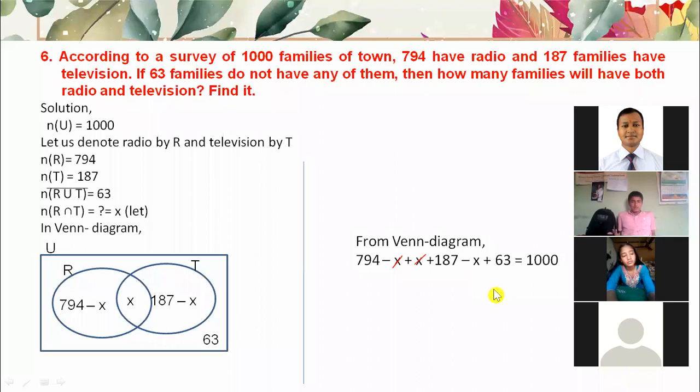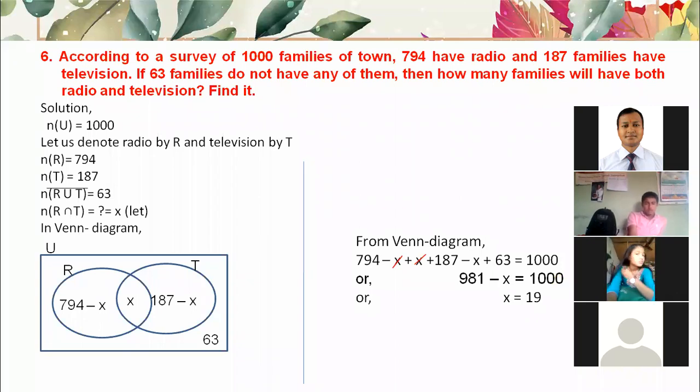What will it be? 981. 794 plus 187 plus 63 is 981, minus x remains as it is, equal to 1000 also remains as it is. Now we can bring 1000 here or take 981 to the other side and subtract.